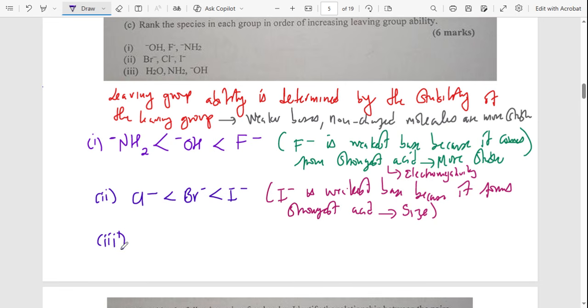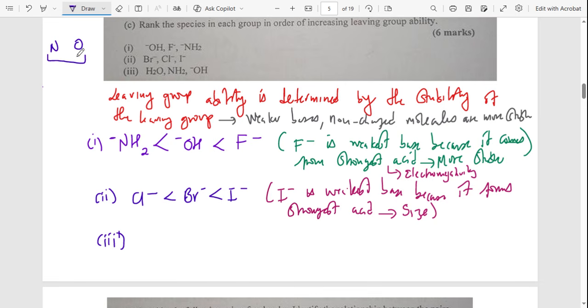So the next one we are comparing again water, NH2, and OH. But when you look at these guys, NH2, nitrogen is in group 5, oxygen is in group 6. Okay, you see? So you can compare these two guys. When you compare them, it is the same explanation that I gave earlier.